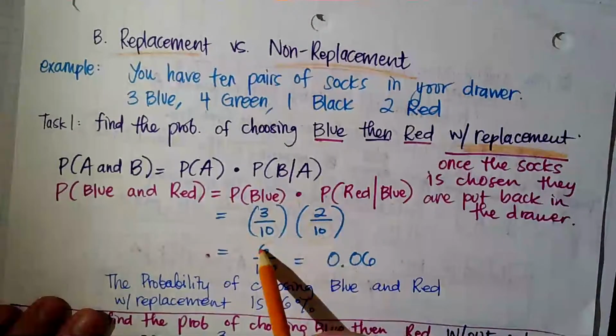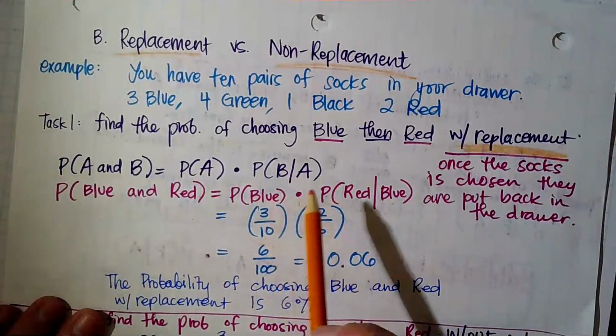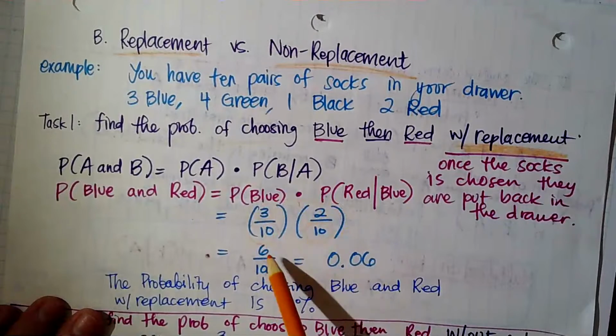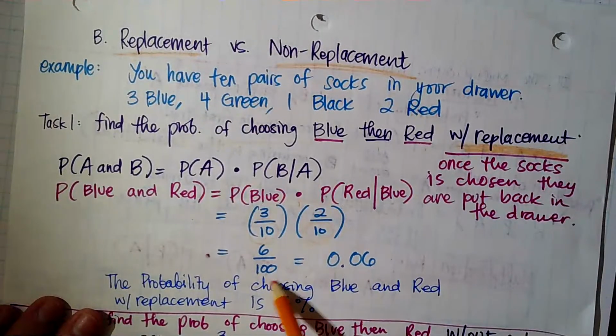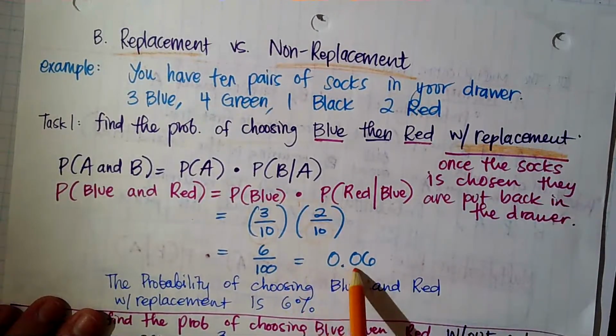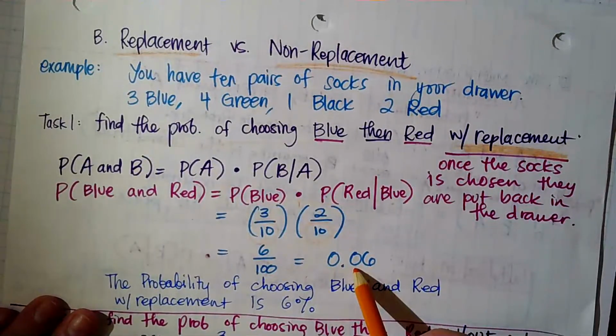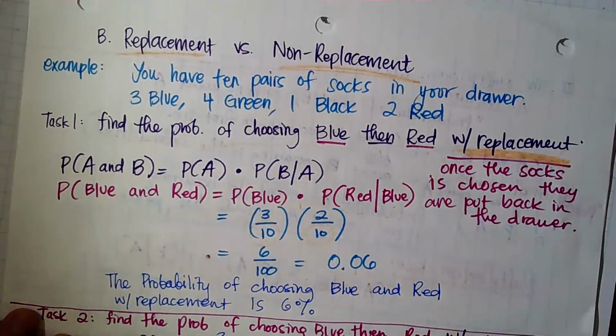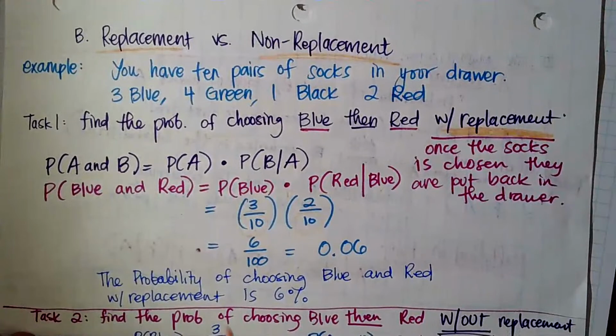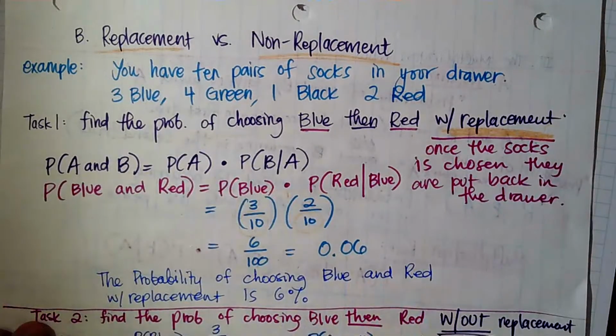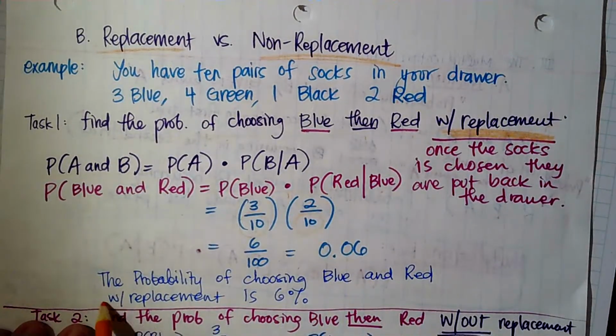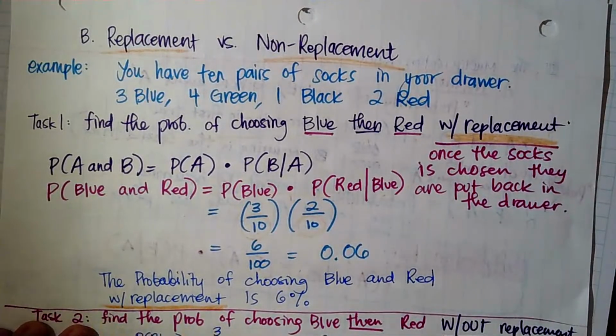When I multiply fractions, the rule is top times top, bottom times bottom: 3 times 2 is 6, 10 times 10 is 100. This ratio converts into a decimal, which is 0.06. So putting that into context, the probability of choosing blue and then red socks with replacement is 6%.